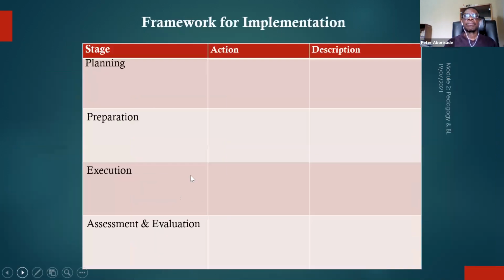Now, framework for implementing your blended course, which you have scheduled on slide 17. This is the planning stage. So what actions are you going to take?